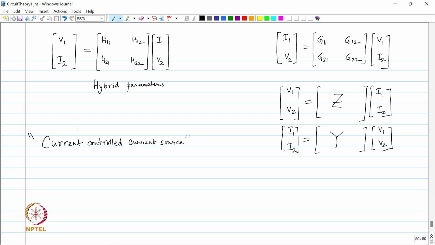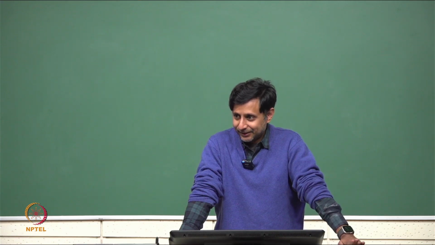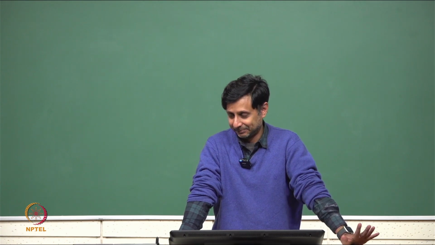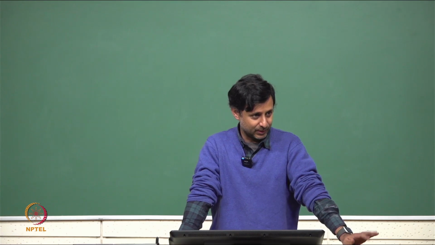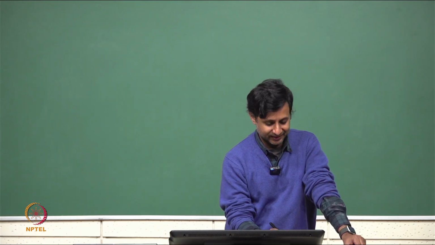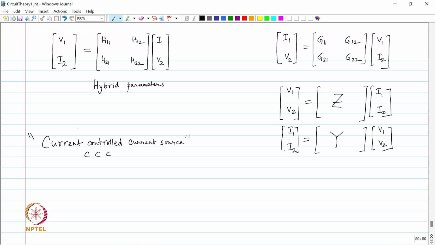If you can make this somehow, then you can make a lot of very interesting circuits, all right. Not VCVS, not VCCS, CCCS. Okay. So, this is super important for circuit theory, not really for circuit theory, for future circuits, current controlled current source.